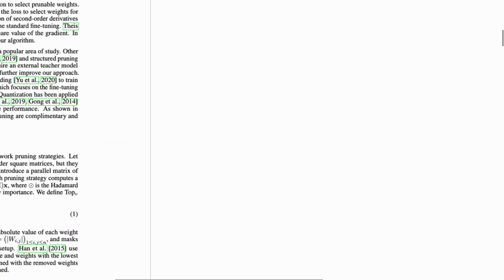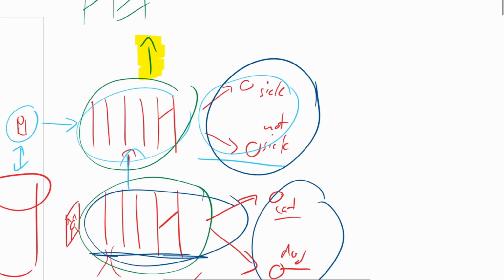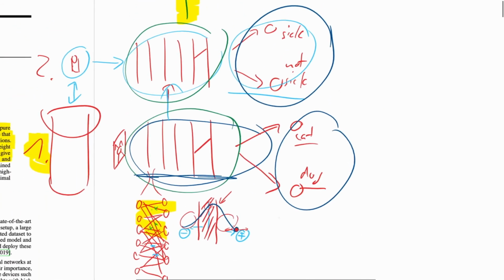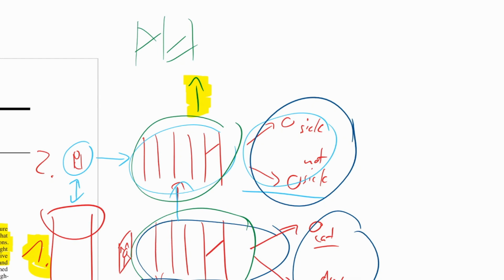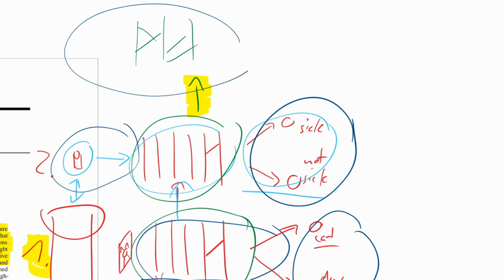So in distillation, you would not only train the model on the data. So you have this model that you transfer learn, and you have the pruned version. And in the pruned version, what you would do is you would simply also train it on this data set.